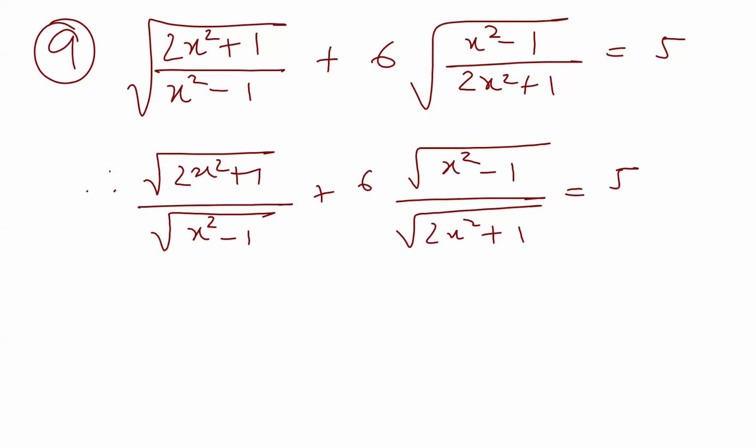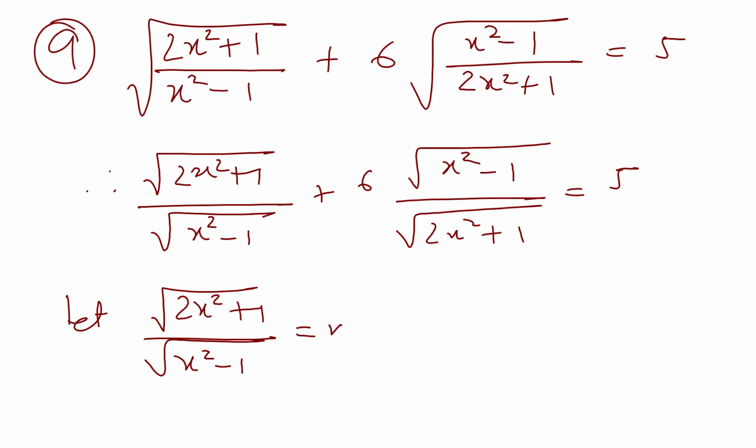Okay. So now see, let root of 2x square plus 1 upon root of x square minus 1 be m. Let this orange colored part be m.